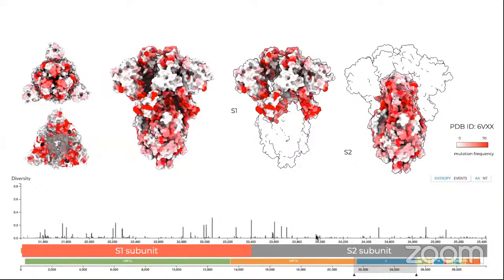Here we do have some mutations, but essentially the S2 subunit has fewer mutations. We can map these mutations onto the structure of this protein data bank ID, PDB 6VXX, and see visually that the distribution is not random.